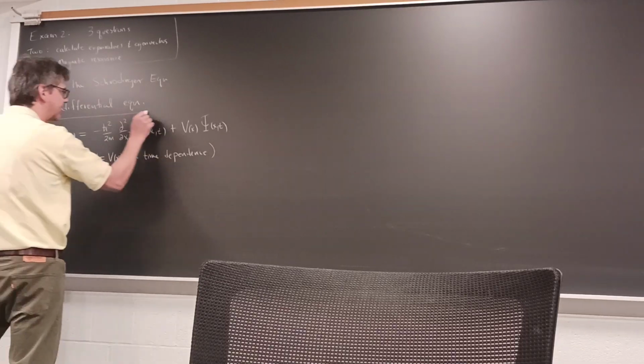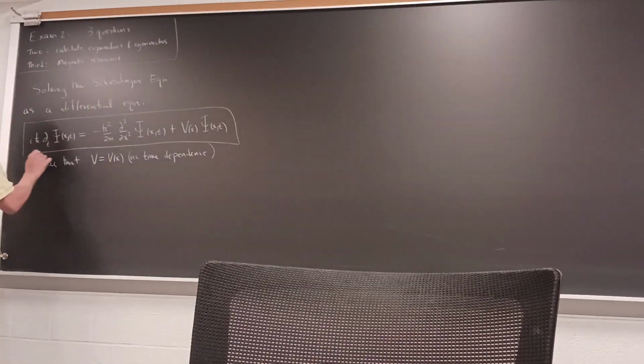Okay, and so what we want to do now is just solve this thing. Let's look at it as a differential equation and just solve it as we would any differential equation.